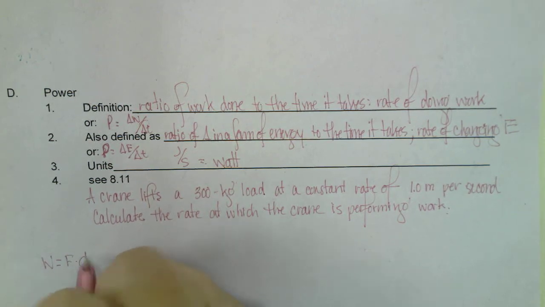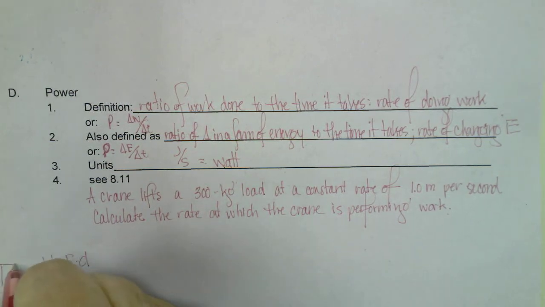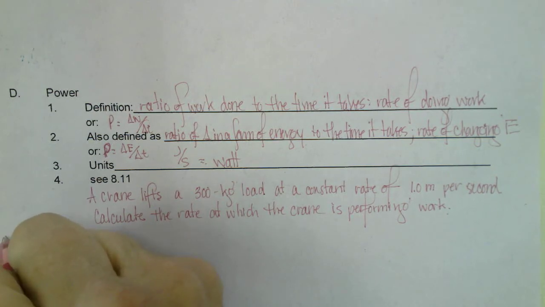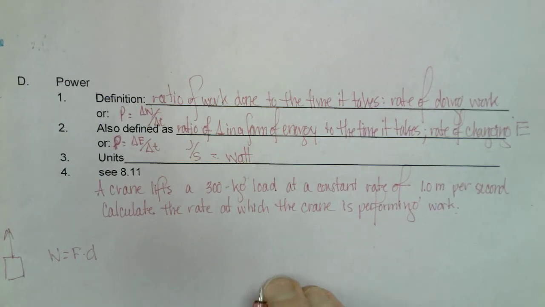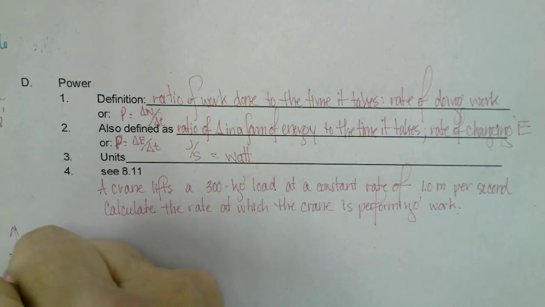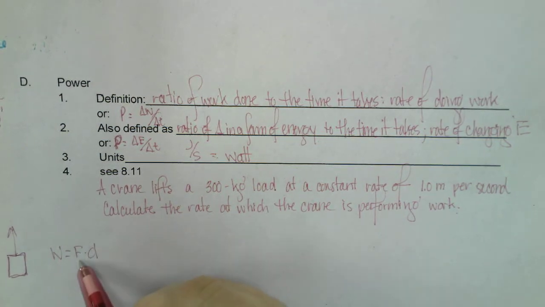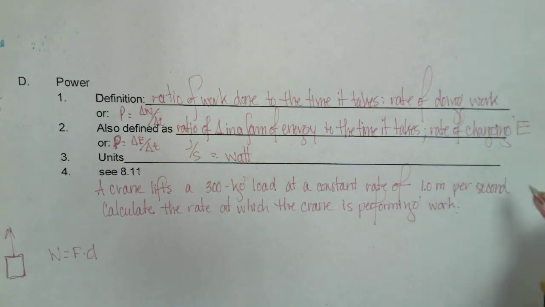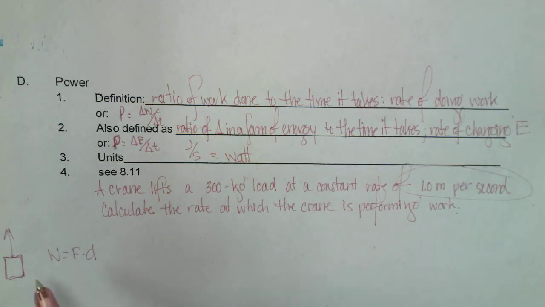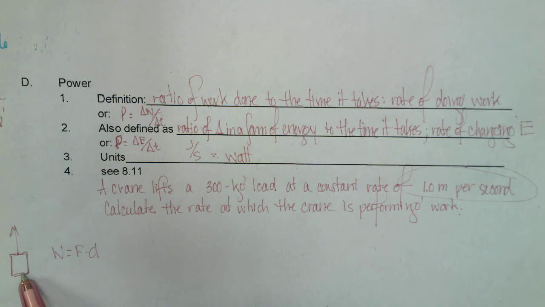force times distance, and so my crane is lifting the load up, and it's lifting it up at a rate of 1 meter per 1 second. So let's work through what the force is. If it is moving at a constant speed of 1 meter per second, then I don't have any acceleration.